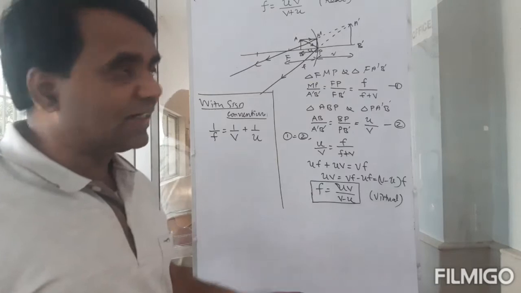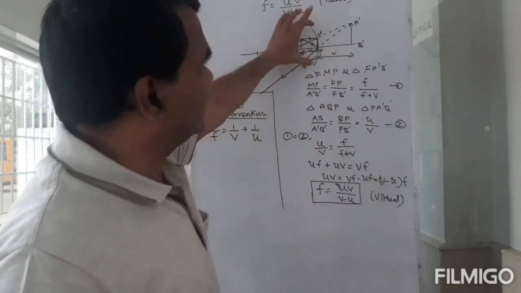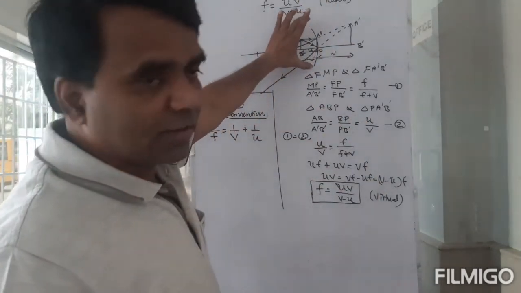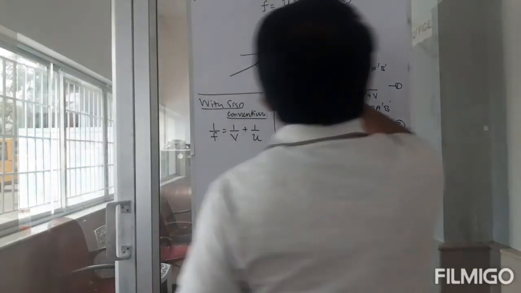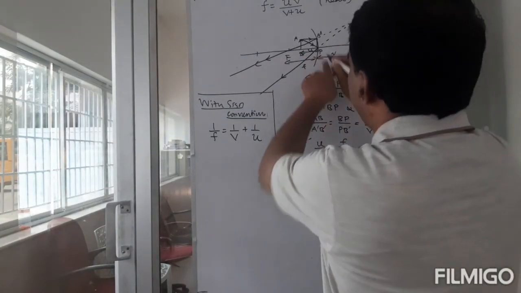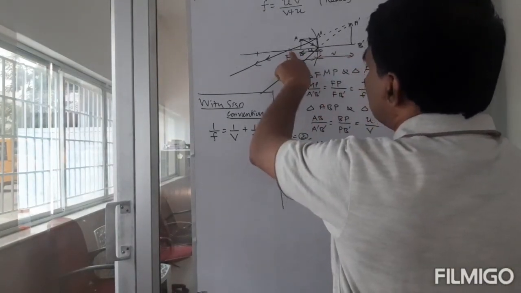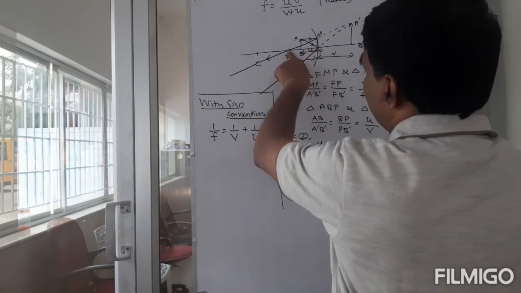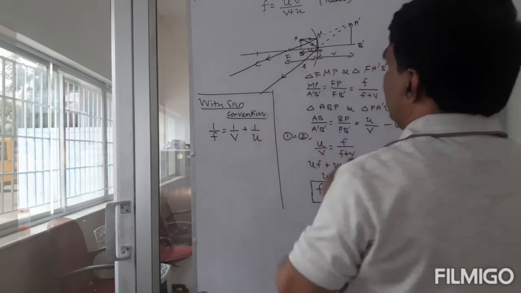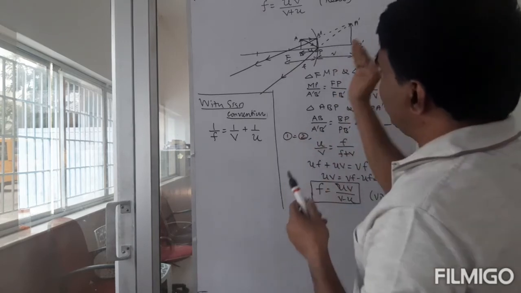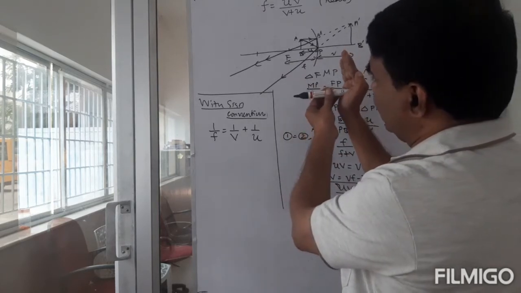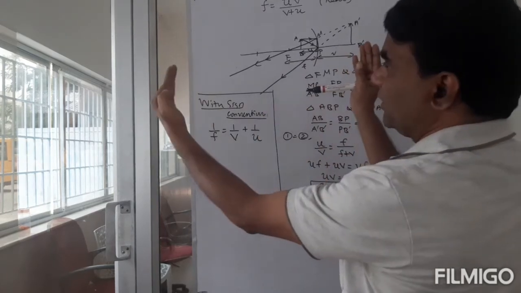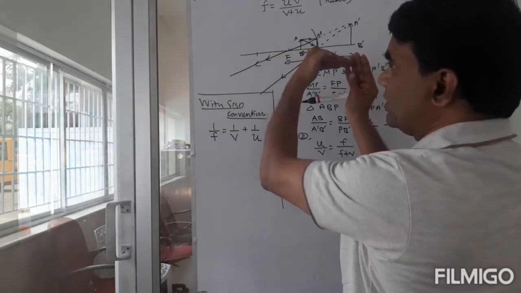So if that is the case, let me just take the concave mirror. For the concave mirror, look at the focal length. This is my pole. Where is the focus? The focal point is here. So this is P, and if you keep the mirror like that, the focal point is like this. And if you keep an object, then light will travel in this direction.